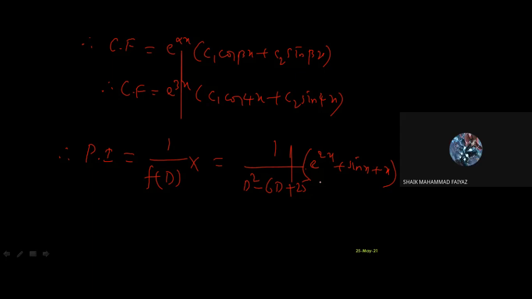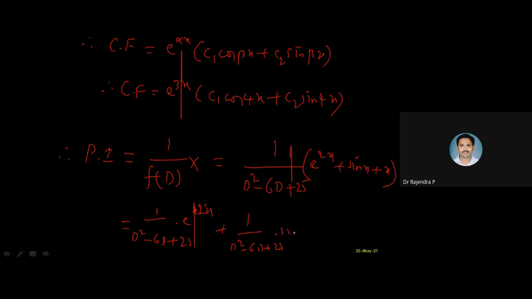Correct? Yes, sir. So in that case, what we can do, this actually we can write as 1 by D square minus 6D plus 25 into e power 2x, plus again 1 by D square minus 6D plus 25 into sin x, plus 1 by D square minus 6D plus 25 into x.